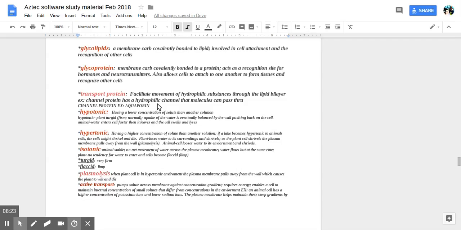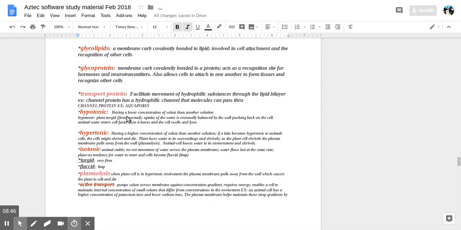Example: channel protein has a hydrophilic channel that molecules can pass through. Example: aquaporin.